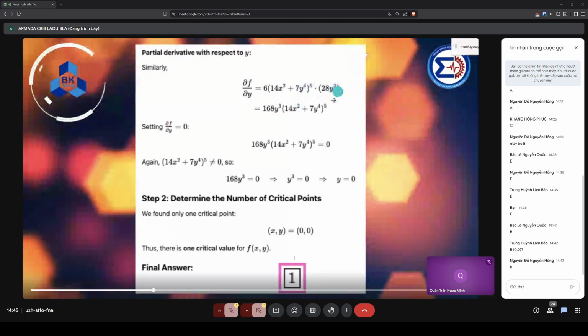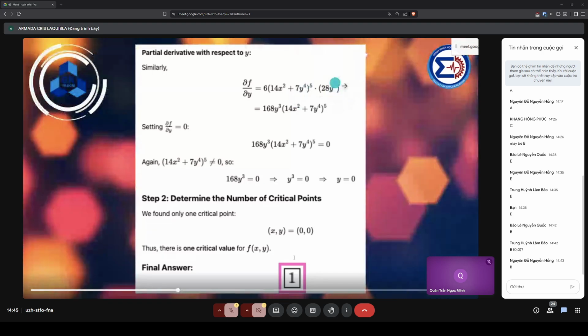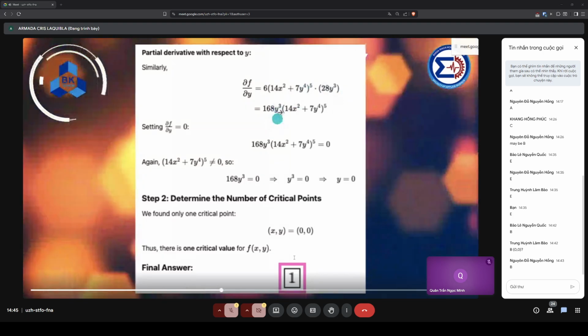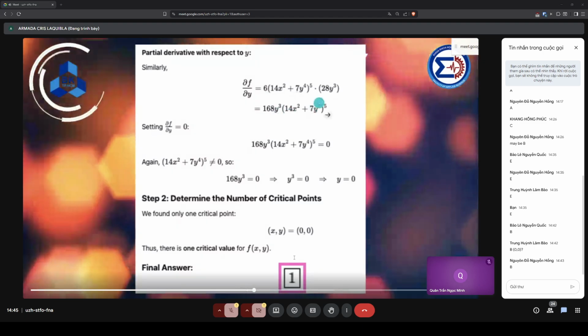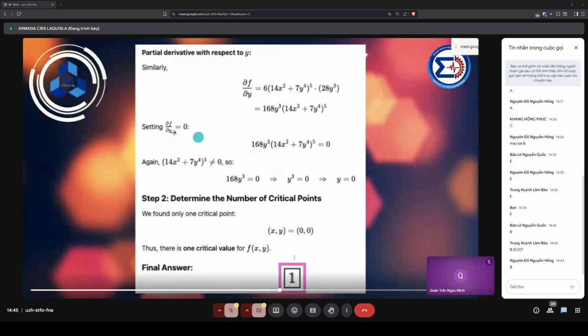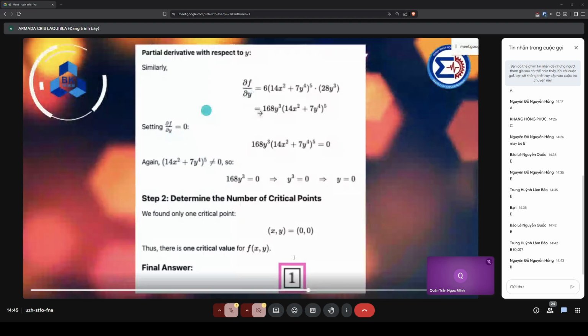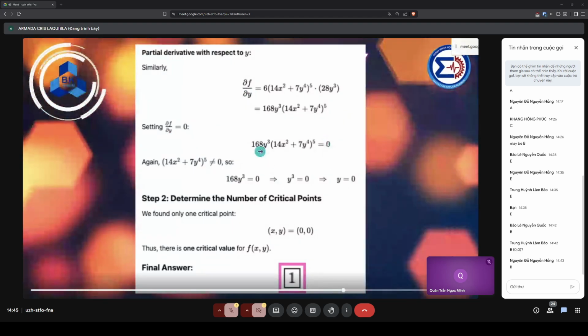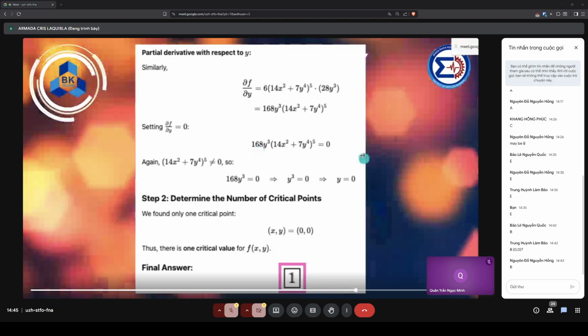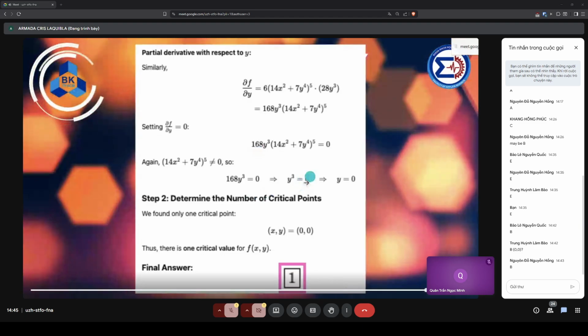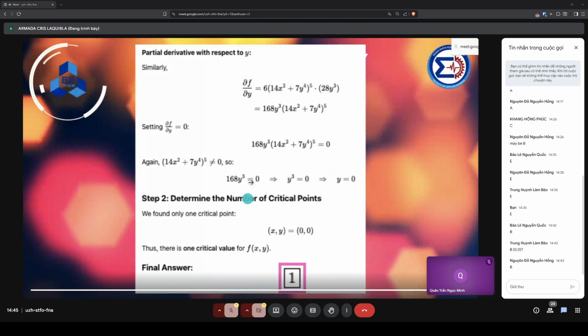So 4 times 7, you have 28y cubed. And the answer is this, 168y cubed times this one to the power of 5. Now equate the fy to 0, and we have this. Then this first factor is equal to 0. Divide by 168. We have y cubed is equal to 0. Take the cube root of both sides. Your y is equal to 0.